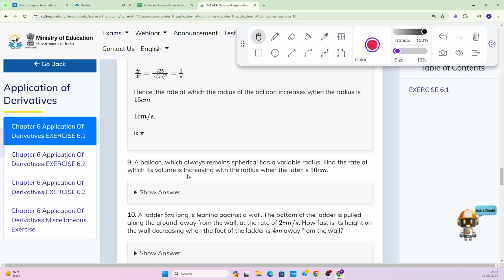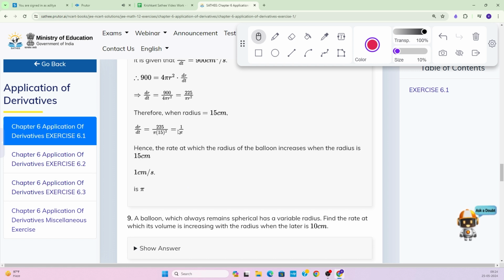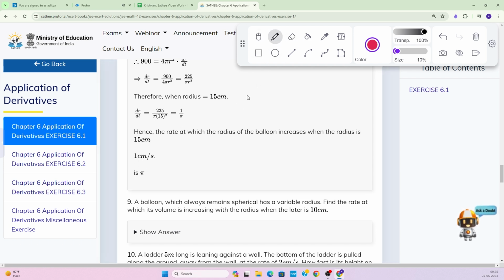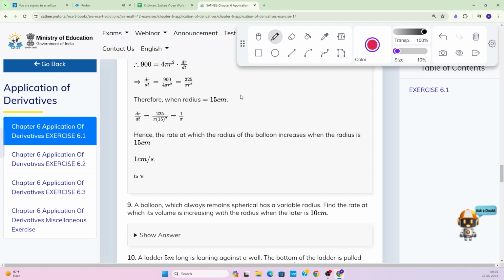You will get your answer as 1 by pi. So the rate of change at which the radius of the balloon increases will be 1 by pi. Clear? Okay, simple.